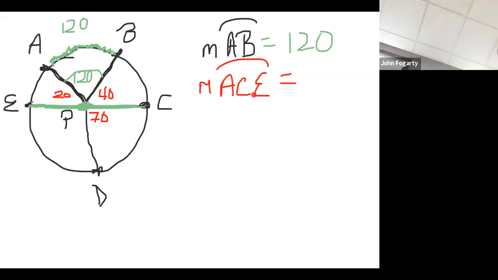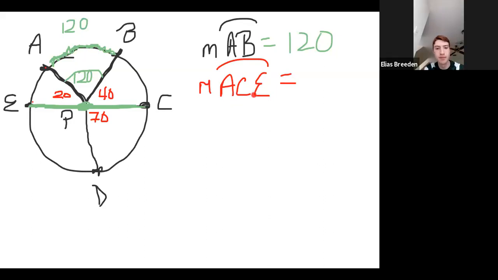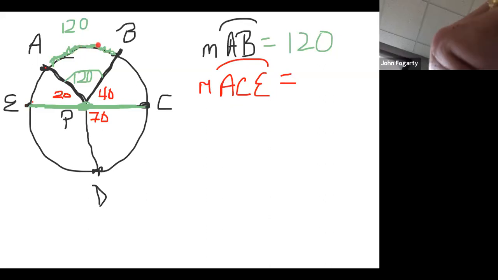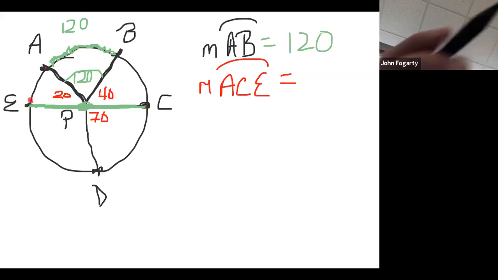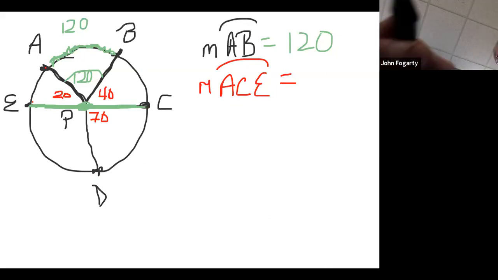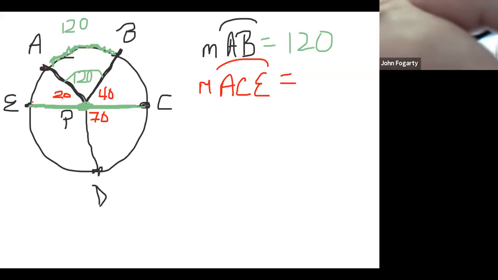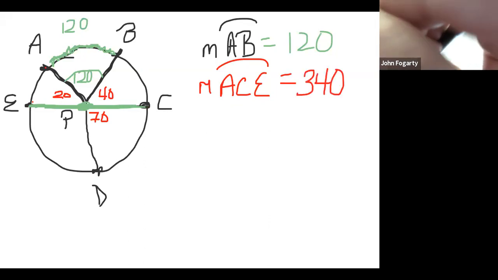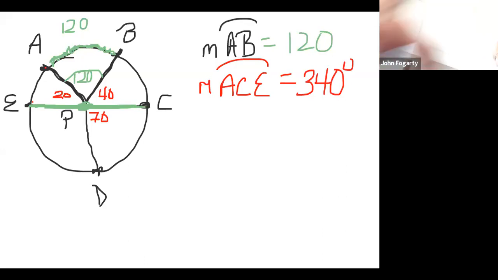Go from A to E, but go through C. All righty. So from A to E this way is 20. So what's it from A to E the other way? 340. Yeah, 340. Why? Because the minor arc and the major arc are going to add up to 360, right? Makes sense, right?